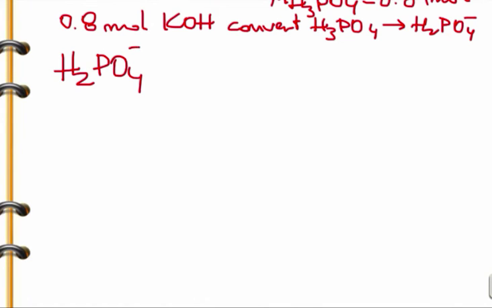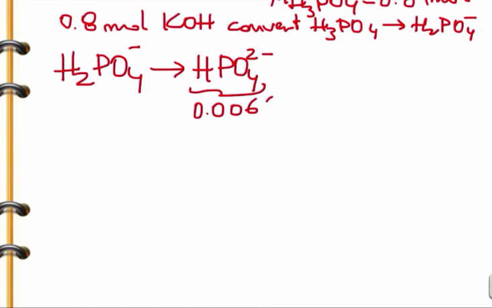Now let's calculate how many moles of KOH we need to do the additional job that's needed. In other words, to take from H2PO4 minus and now generate HPO4 2 minus. All right? So that's the additional amount of KOH that we need.